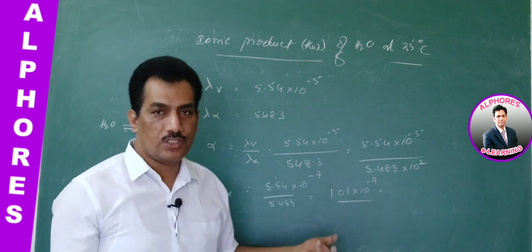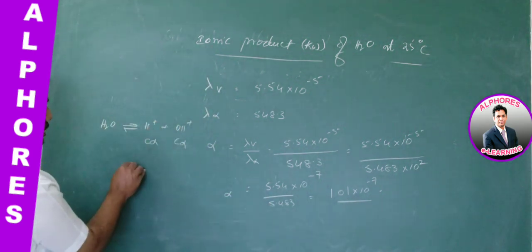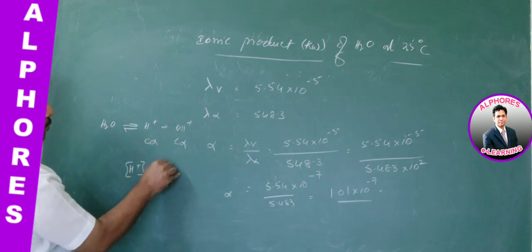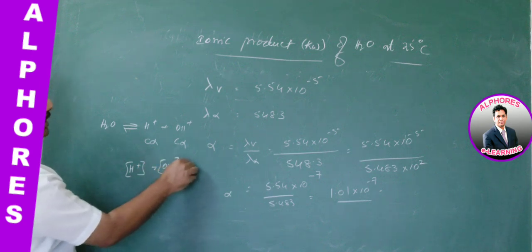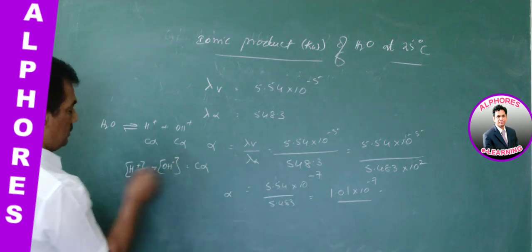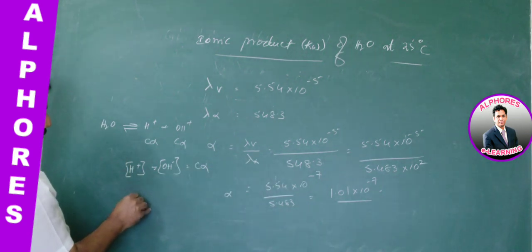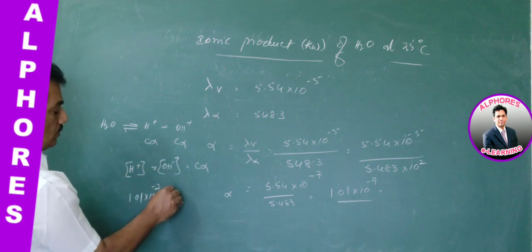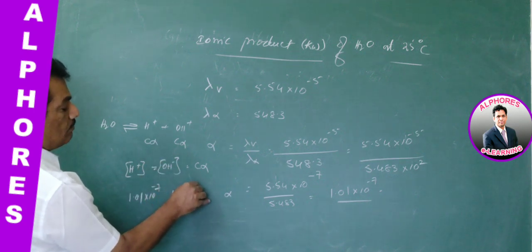That means the concentration is unity. So the H plus concentration is equal to the OH minus ion concentration, that is equal to C alpha. And now we know C is 1, alpha is this much. That means the H plus concentration is 1.01 into 10 to the power of minus 7, and OH minus is also 1.01 into 10 to the power of minus 7.